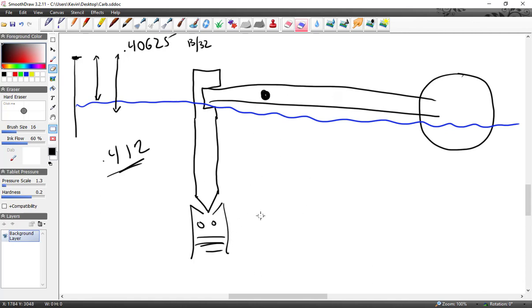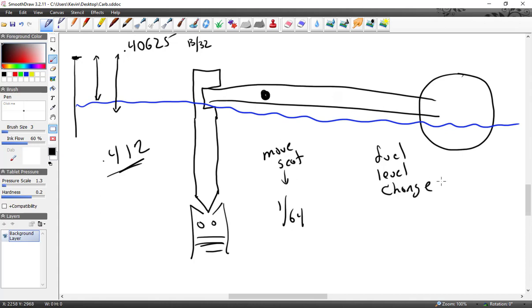For every 1/64 I move the seat, the fuel level change is 5/64, which is to say there's a ratio. And what is the ratio? 1 to 5, or 5 to 1 is more appropriately stated. So for every 1 that I move it over here, I'm going to change the fuel level 5.